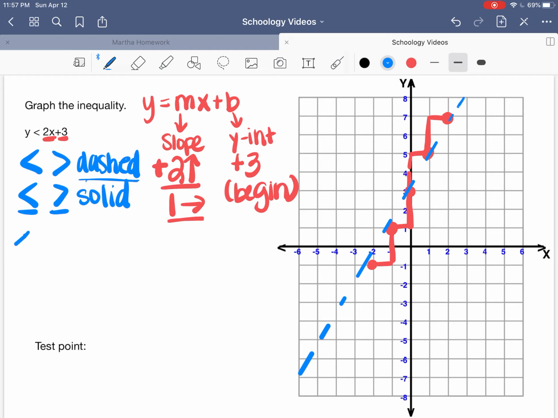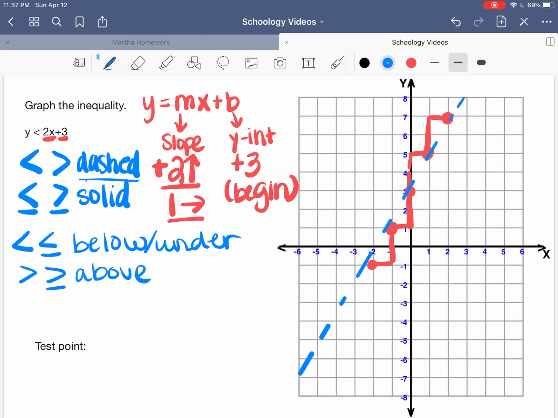If you have a less than sign or a less than or equal to sign, you're going to shade below your line, anything under your line. If you have greater than or equal to, you would shade above the line, whatever is greater.